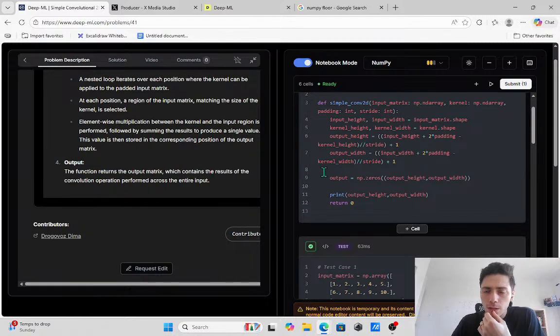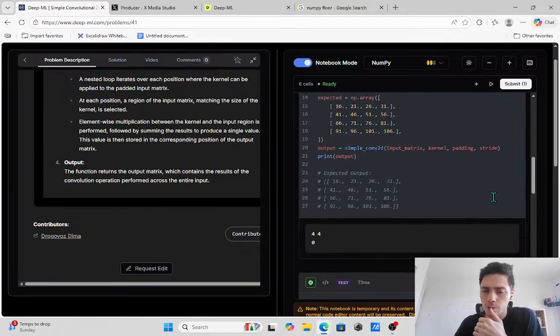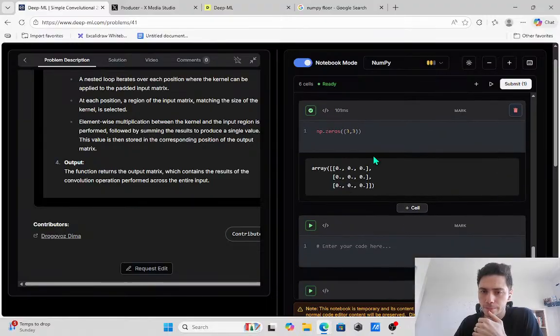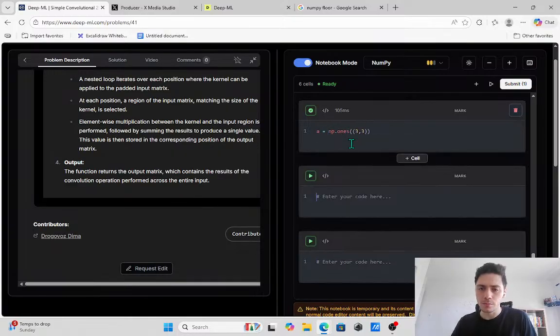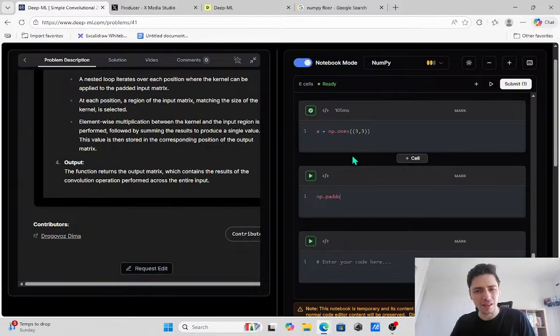Okay. So now we have the input matrix, we have the kernel, and we have padding and stride. Pretty sure there's a... let's call this A. Can I do ones? Yeah, let's call this A. Pretty sure there's a np dot padding.